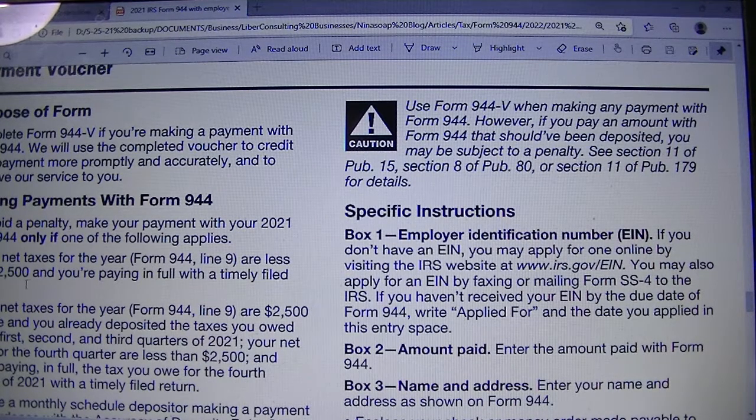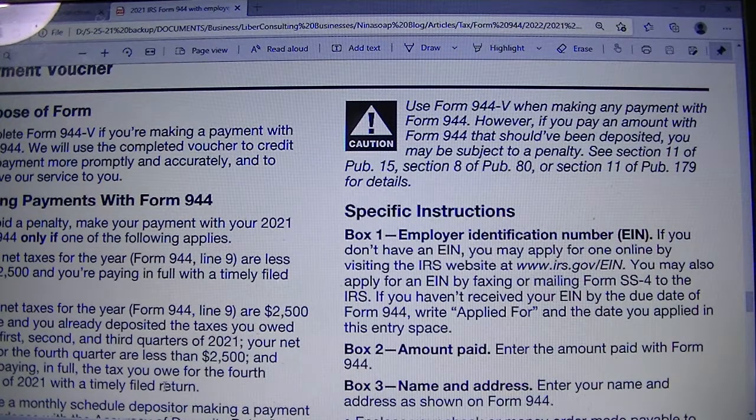They just say that if it is less than $2,500, you can pay with the form, and if it is more and you already made deposits for some quarters and the fourth quarter is less than $2,500, you can pay with the tax return 944.